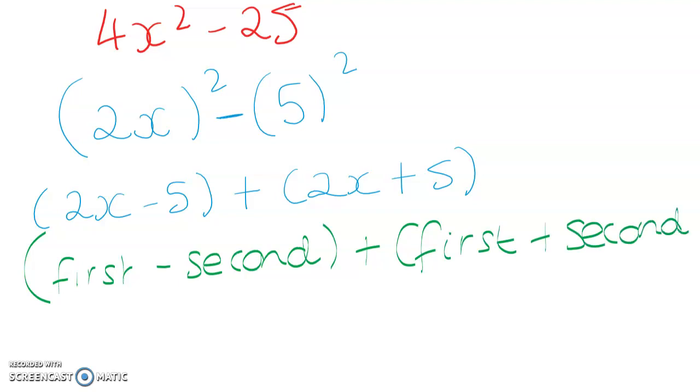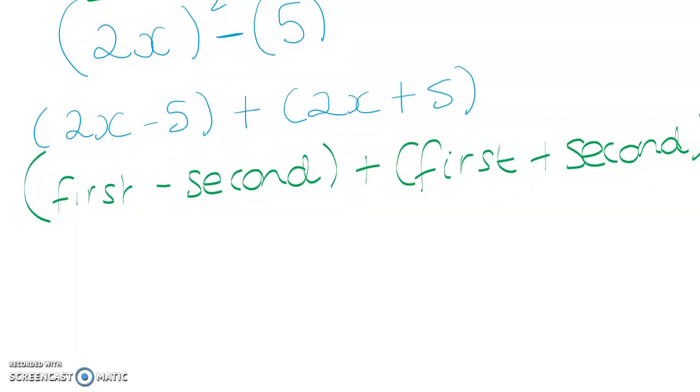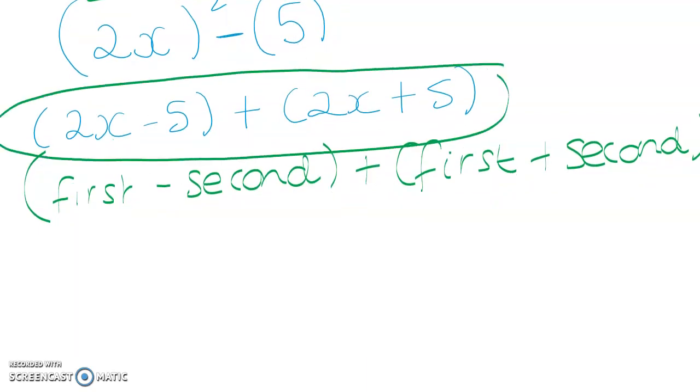A term, lads, is for example 4x squared, that's a term, and minus 25, that's a term. First minus second, plus first plus second. We're nearly there then. So my answer is this part here for the second one.